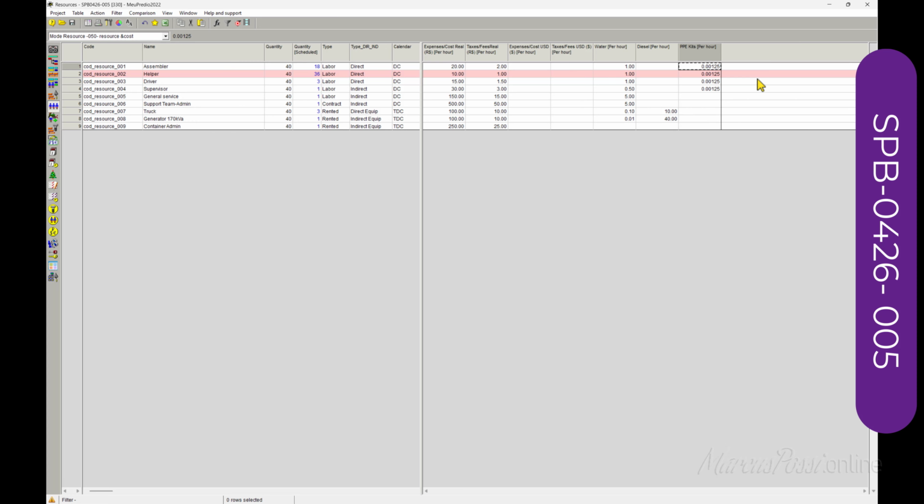Why did I suggest using such a small decimal amount of use per hour? Because imagine a helper or assembler uses boots or helmets for security. These boots and helmets should last a long time, months.